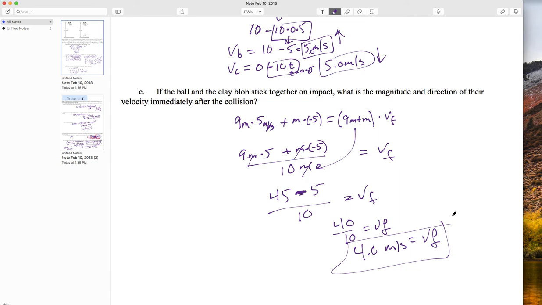A conservation of momentum leaves us with this relatively easy situation. If it is obvious that this is up because you used a negative up here, that's great, but we do want to say that this is upward. The speed is upward because most of the momentum was with the upward pointing object before the collision.